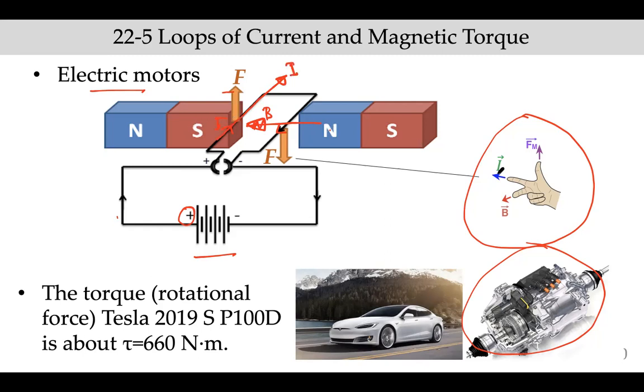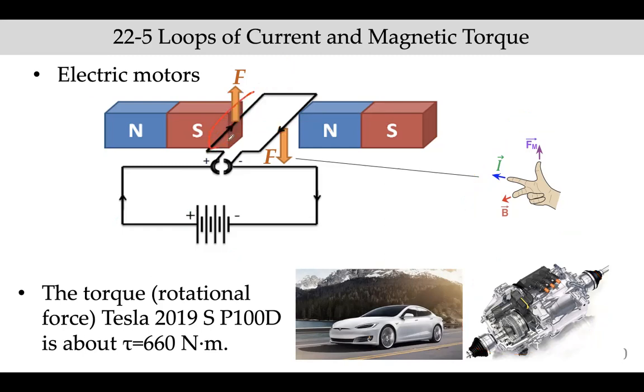If you use your right-hand rule, you will find this part of the wire feels the force in the up direction. When you come to this part, the current is now in this direction, the magnetic field is again to the left, and the right-hand rule gives you the force in the down direction. So this part feels force in the down direction.